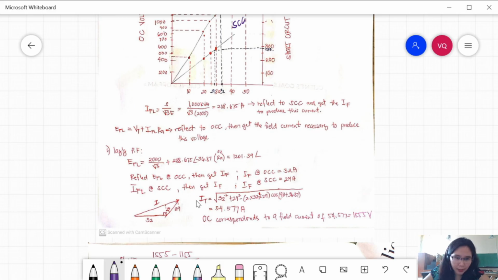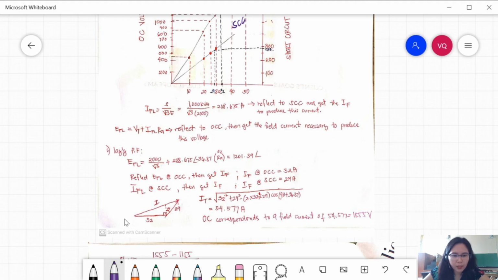So IT is equal to the square root of 32 squared plus 29 squared minus 2 times 32 times 29 cosine of 90 plus our power factor. That is 36.87. IT now will be 54.577 amperes.